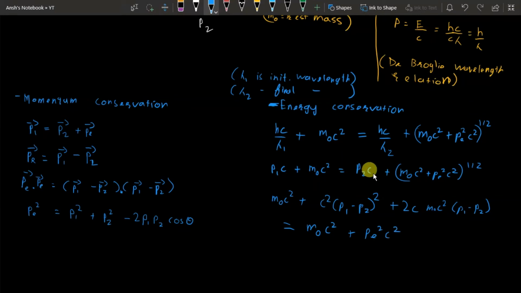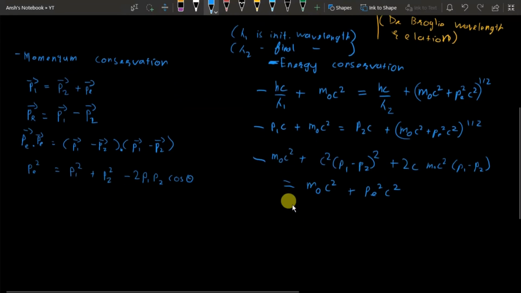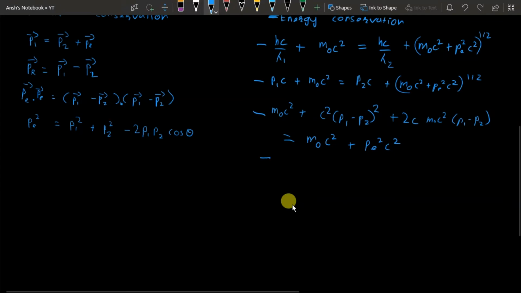So all we've done here is take the p2c on the left side of the equation and take the square on both sides, and I've already expanded the square that will arise on the left side of the equation here. So now we'll divide this entire equation by c squared.